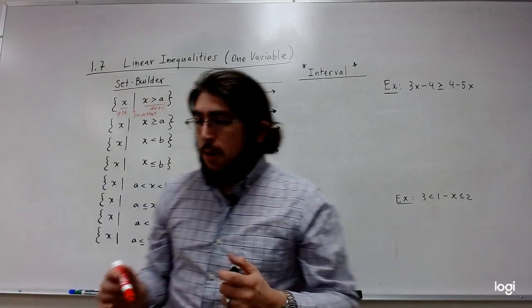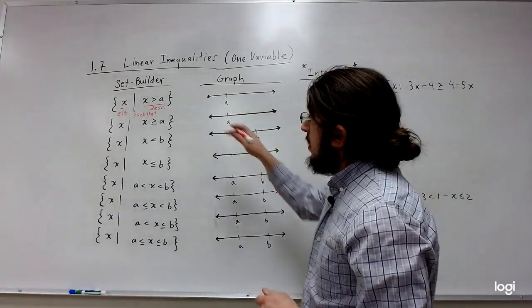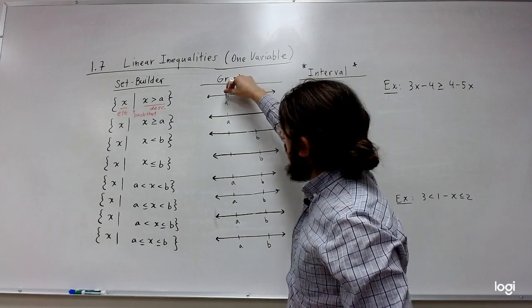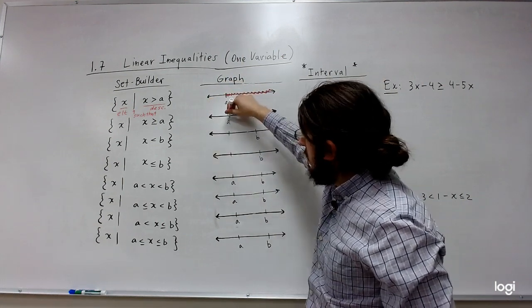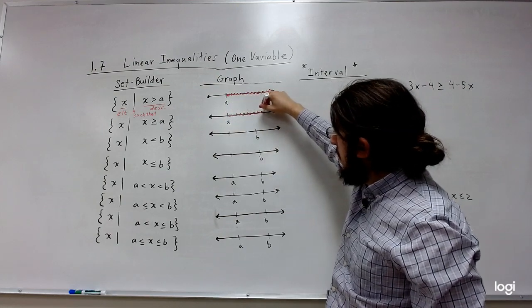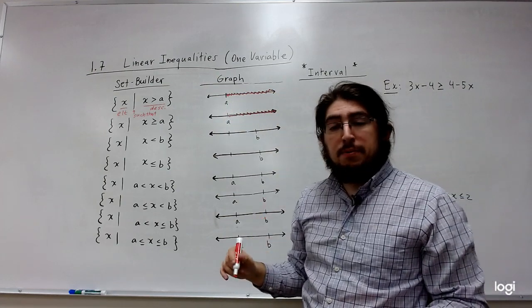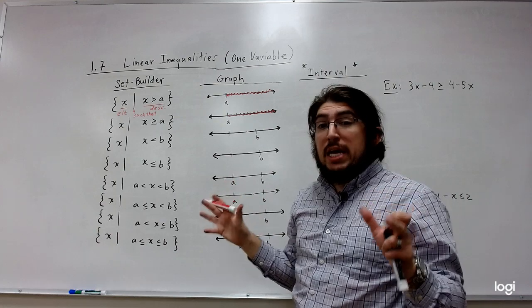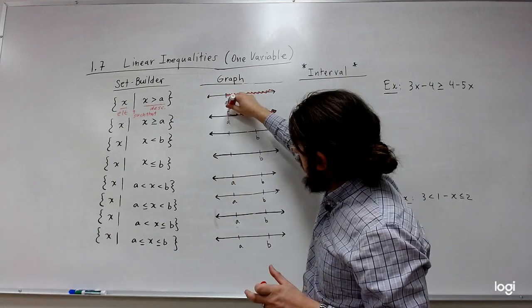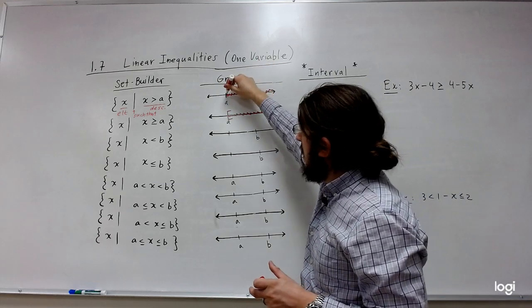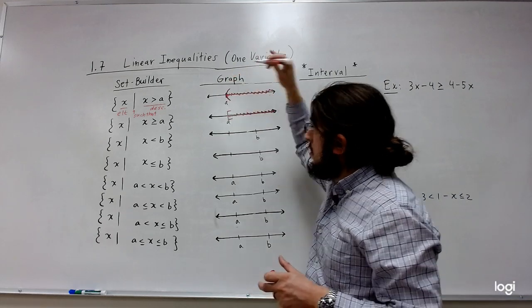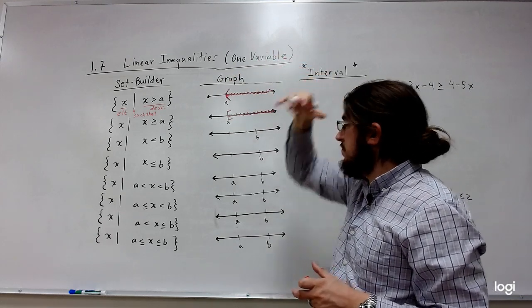Okay, so now how do we graph these? Well, I'm going to shade in red where these things live. So here X is bigger than A. Here X is bigger than or equal to A. And remember how we did it in the previous examples. When it was equal to, we wrote a bracket. Closed bracket means or equal to, and an open parenthesis for not equal to.